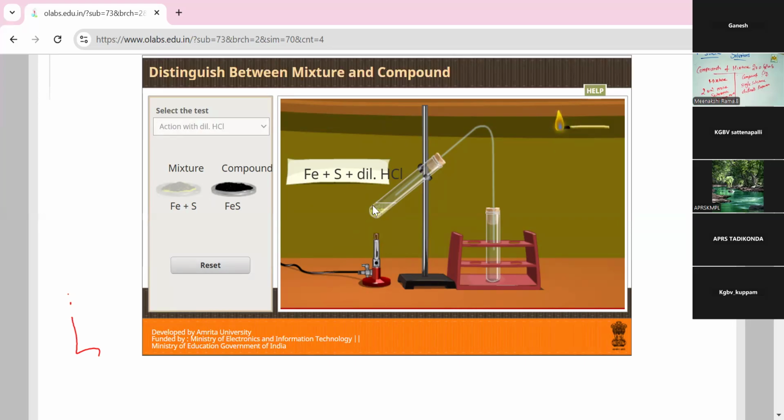This is the mixture in the test tube. Okay. Next one is the compound. The burner is on. Yes.